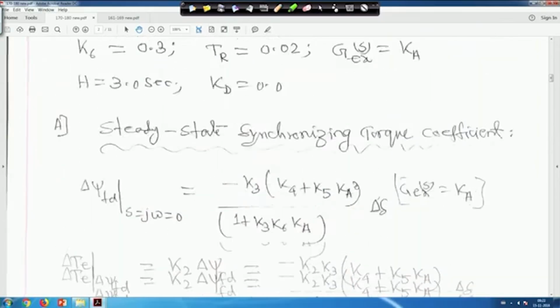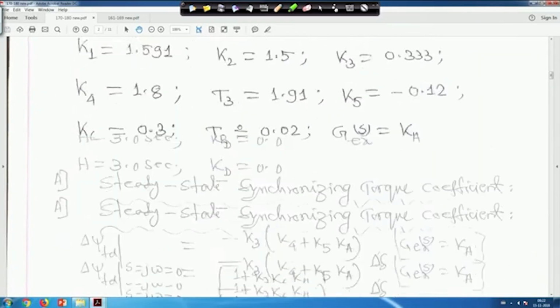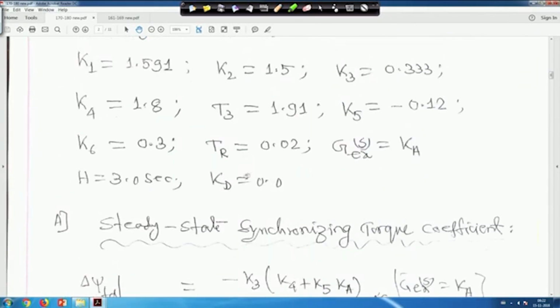Now, all these parameters are given, some parameters we have taken here. So what you do, all these available parameters you put in this equation: K2 value, K3 value, K4, K5. K we do not know, so we are not putting it, but 1 plus K3 K6 K, because here if you look, KD is given as 0 and Gx is equal to K, and we will see the variation of Ka.